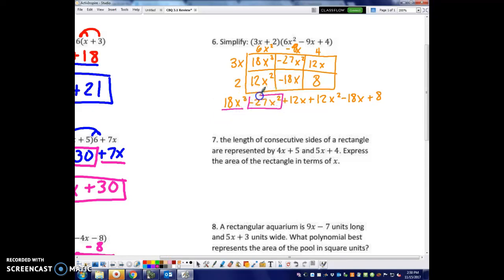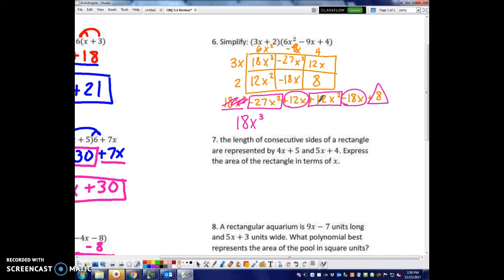Here is an x squared, and this is also an x squared. And then we have a regular x family, and a number family. Okay? So we only have 1 x to the third, so 18x to the third. We're done. He's done.